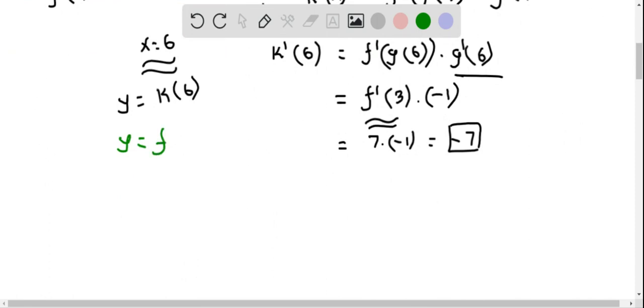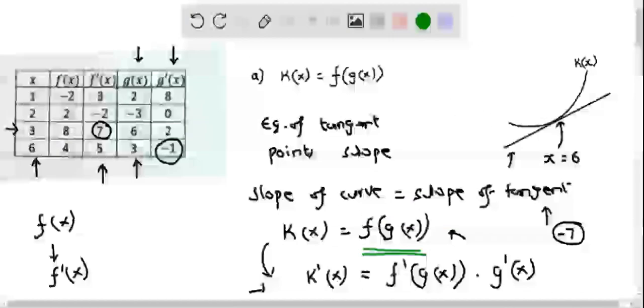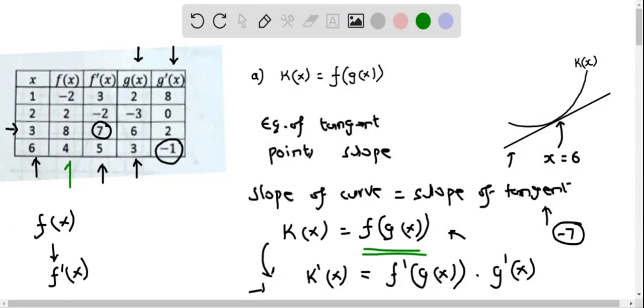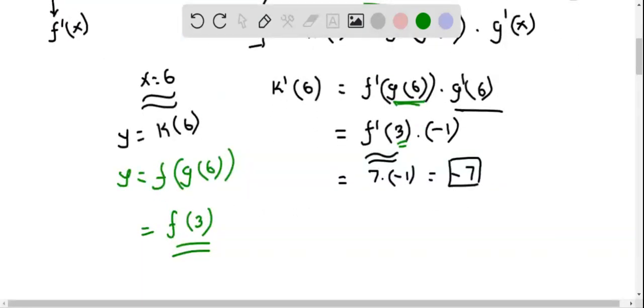Therefore, k of 6 becomes f of g of 6. We have to replace x by 6. We know that g of 6 is 3, so I plug in g of 6 as 3. Therefore this becomes f of 3, which we can find from the table. Look at this column and find x equal to 3. And it is 8. So f of 3 is 8.